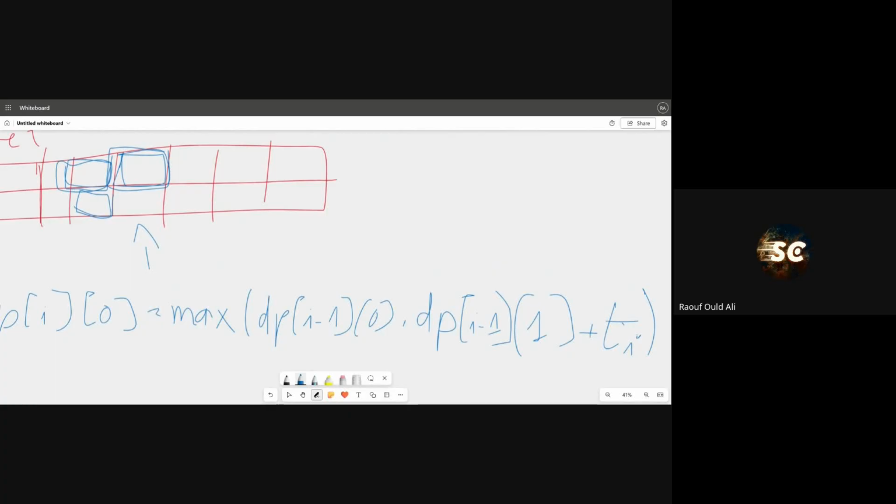Does this make sense for now? Like if the last action was selling, we either last sold on the day before, or we are selling on this day, but we have bought before, okay?